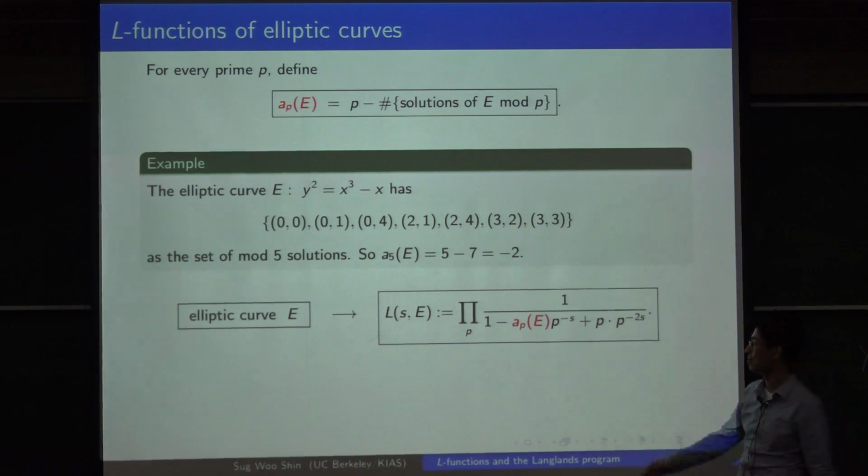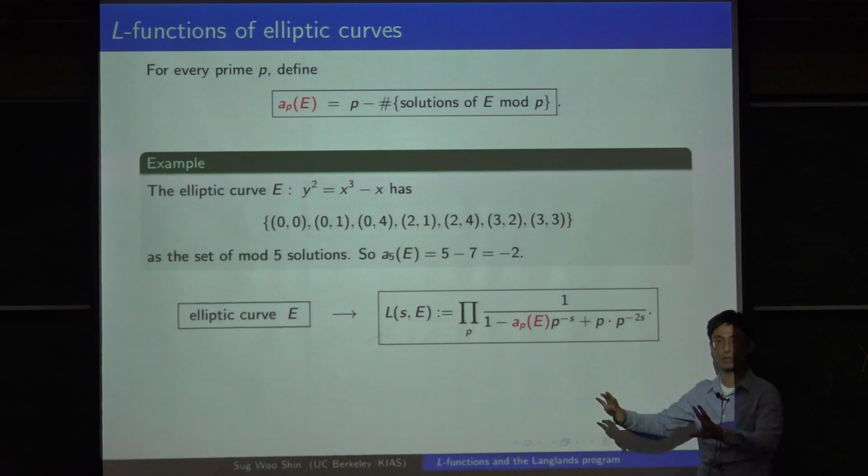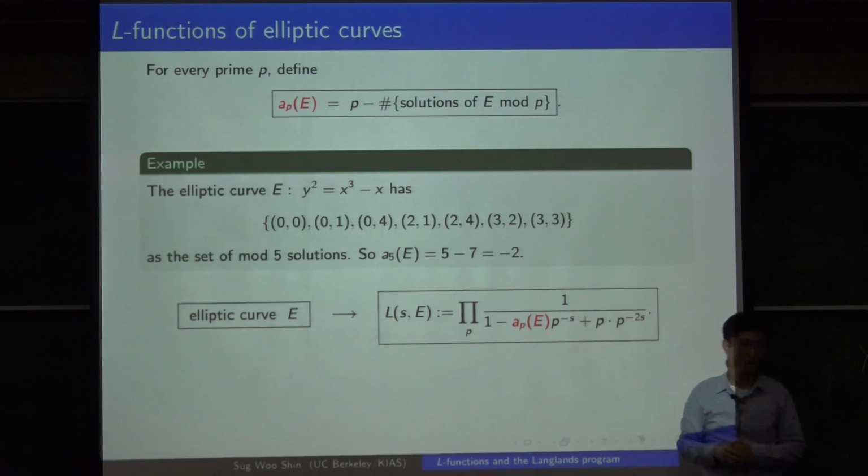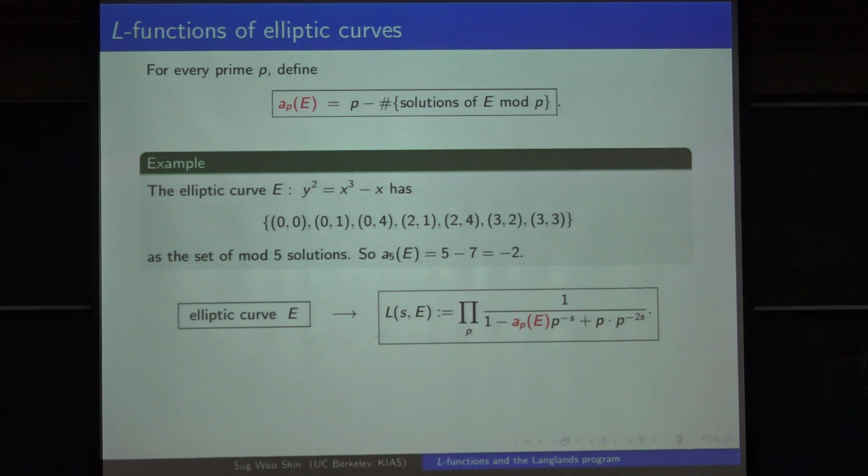Artin's definition was that you take a characteristic polynomial and evaluate the variable at p to the negative s. So it's a kind of similar pattern, but it looks somewhat different. The precise technical background is probably better to skip, but just believe me, this is a good definition.